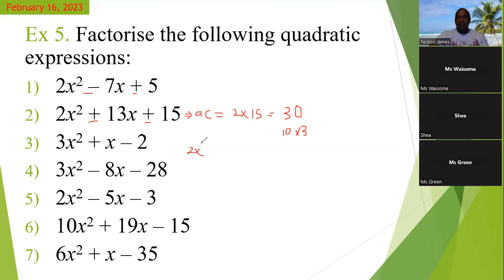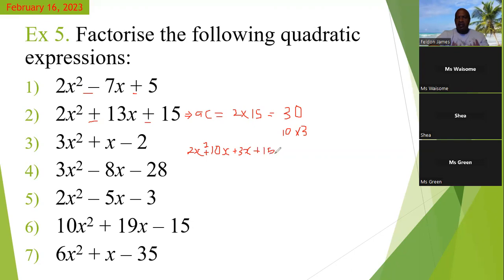So it means that we are going to write them with x beside them, then put a plus sign between them. All right. We have 10x plus 3x plus 15.